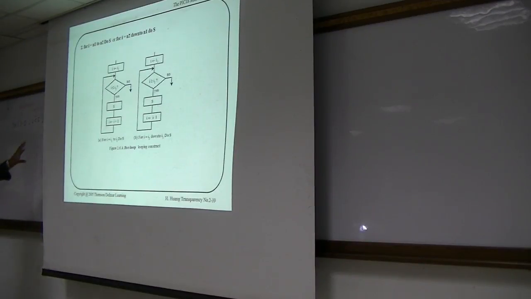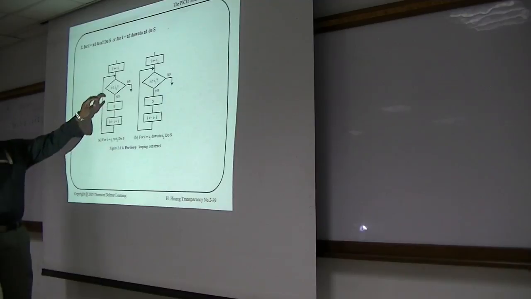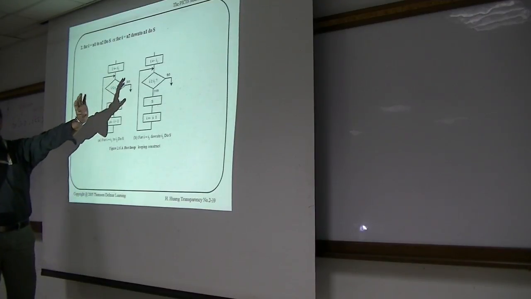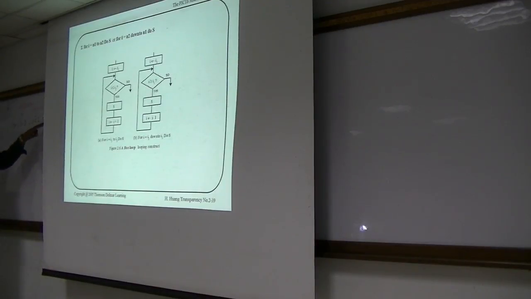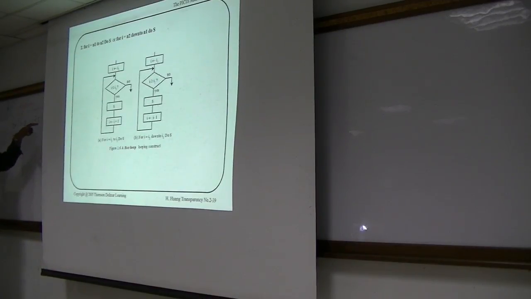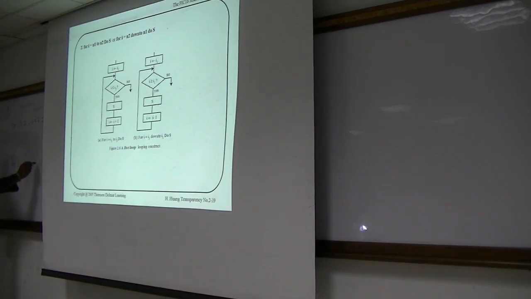Now this is the concept that we're going to apply here. Of course there are many ways of doing this. You notice there is also I minus minus, right? There's another format you can do: for I equals 5, I greater than 0, I minus minus.